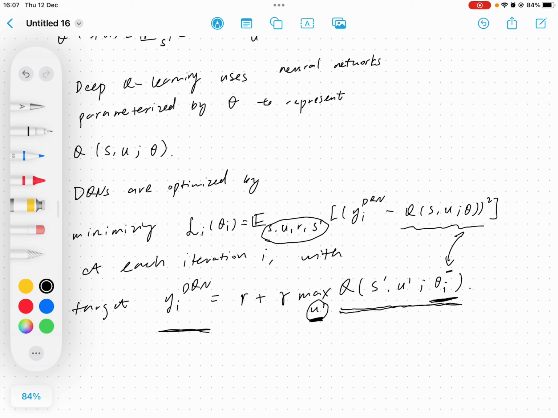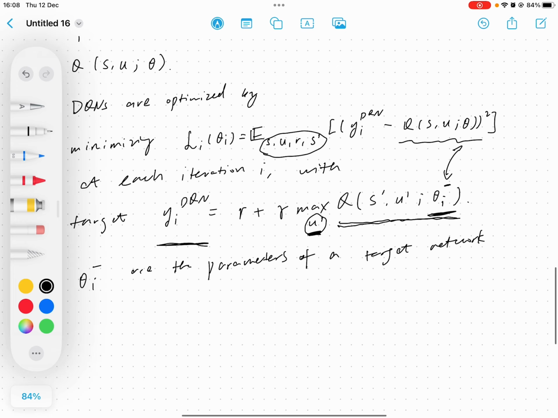Okay, so let's have some notes. Qi minus are the parameters of a target network that is frozen for a number of iterations.